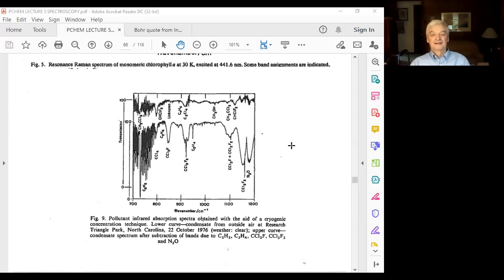So they condensed many, many molecules out of the air and concentrated them. And then they put them into a long path cell where you could get a lot of intensity from your samples. Then they could see what was actually in the air. And if you look here, there's a lot of what are called chlorofluorocarbons. And this was a big problem before most of you were born.